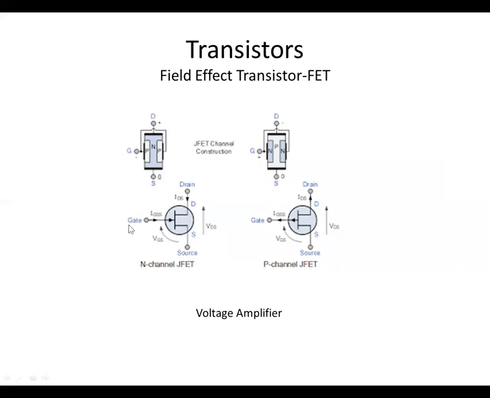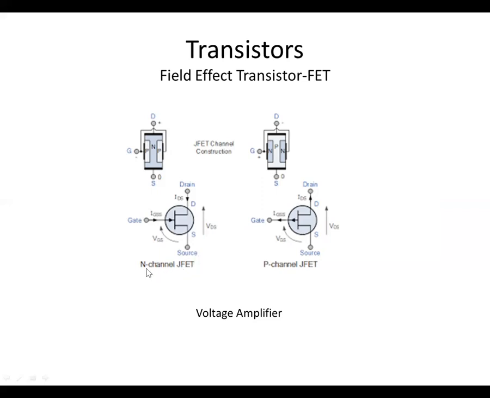So what it does, it has 3 leads, a basic FET. This is called an N-channel FET, where it has a gate that you apply a voltage to rather than a current. And as you increase the voltage, you can change the resistance of this transistor, which changes the current flow.